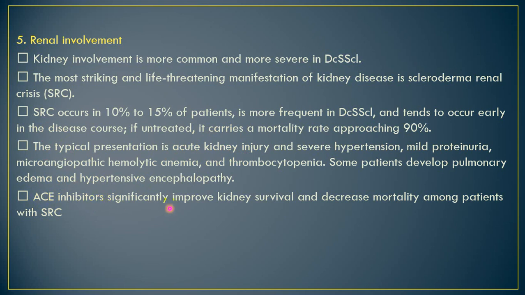It will significantly improve kidney survival and decrease mortality among patients with renal crisis, because it will increase blood supply to the kidney by its vasodilation effect. So the treatment of choice is an ACE inhibitor, and more specifically captopril.